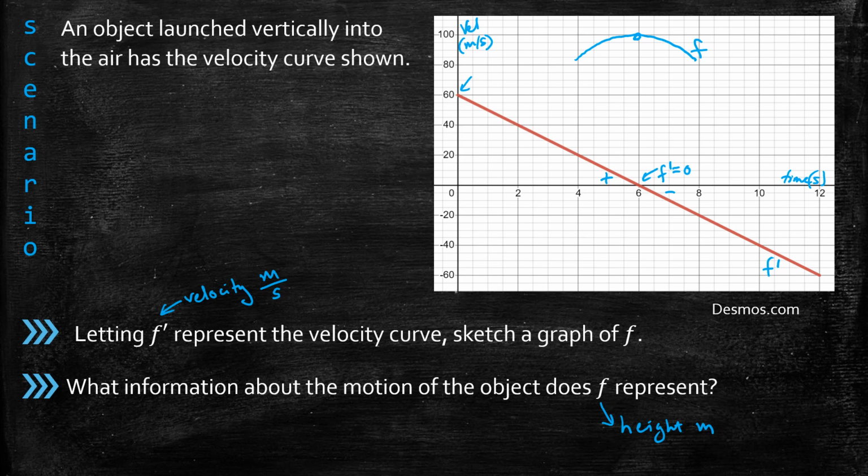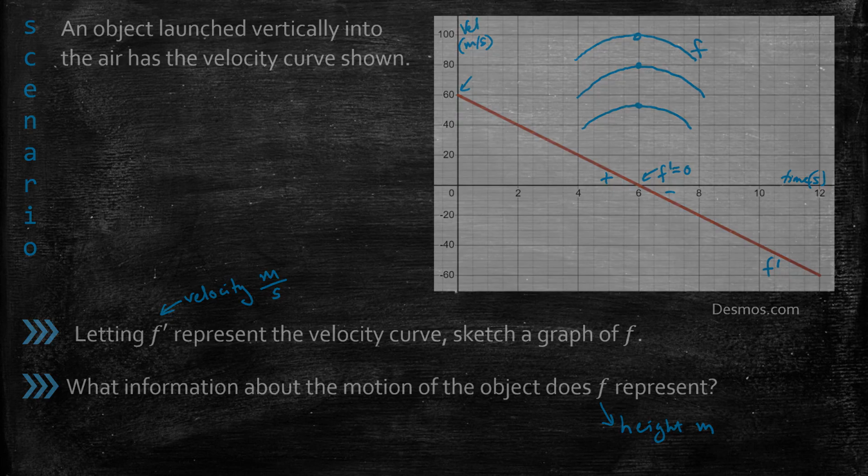So we know how to do the sketch. It's obviously an upside down parabola. We don't know how wide or thin, and the other thing we really don't know is where to place that vertex, because there's options. There are multiple graphs of f that could give the same f prime graph as their derivative.